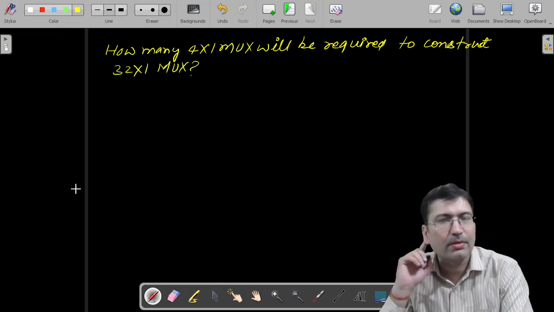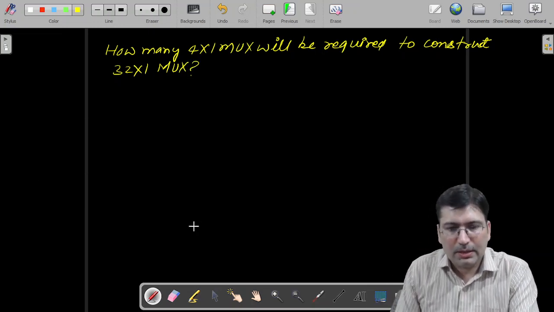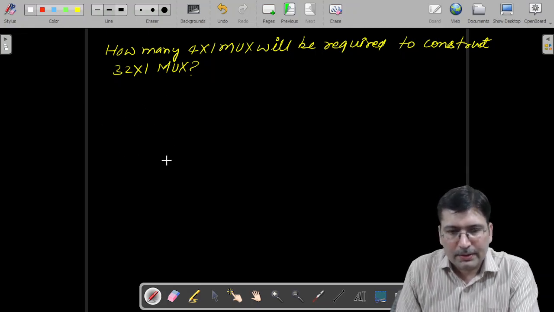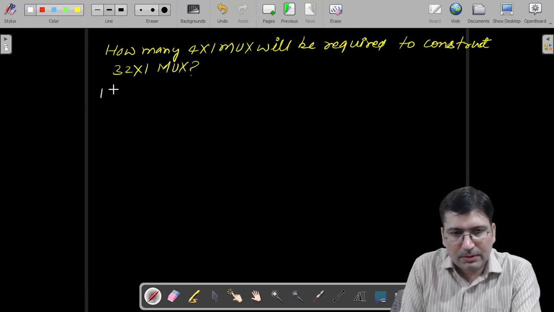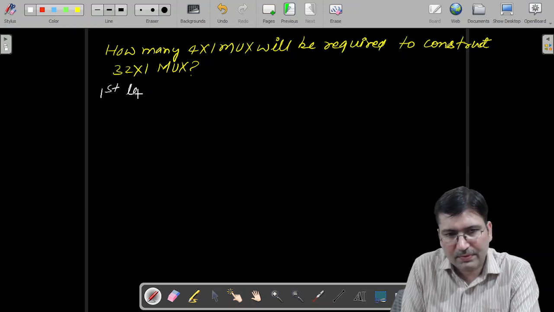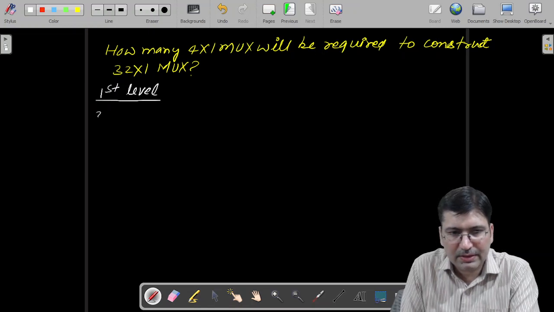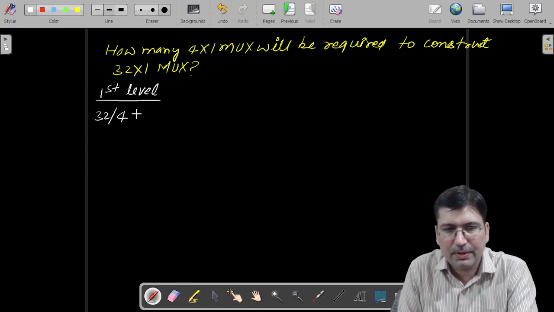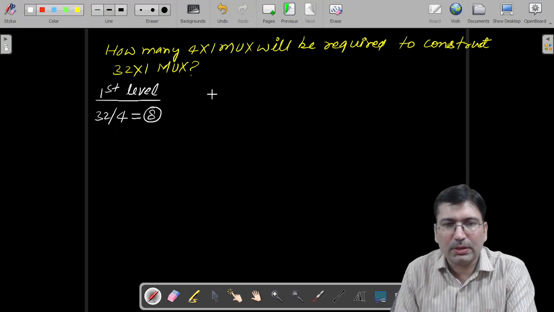Now this is a question. You can think for a while, pause the video, and then you can solve. So decide level wise. So at the very first level, there are 32 inputs and we are having a MUX which can handle 4 at a time. So at the very first level, we require 8 4x1 MUX.